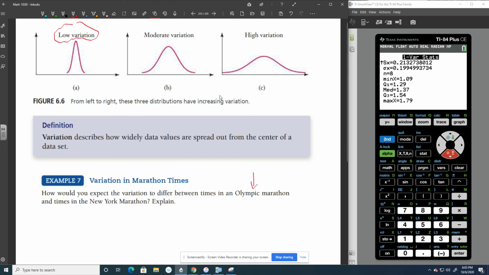So the New York Marathon, I would say, is going to have a lot higher variation. You're going to have the casual runners. Actually, it would go the other way around, right? The casual runners are going to take a long time because if this is time here at the bottom, you've got your casual runners down here. You've got your superstars at the front that are going really fast. And then you have the average marathon runners right there in the middle somewhere.